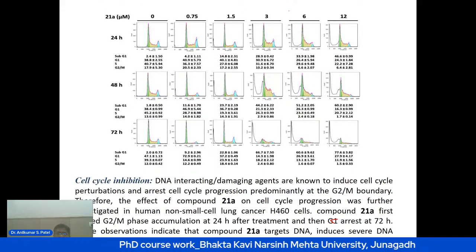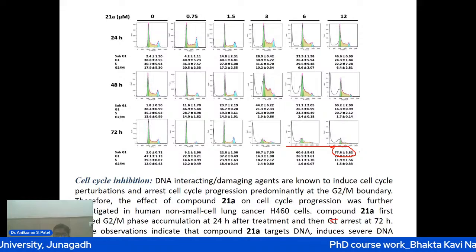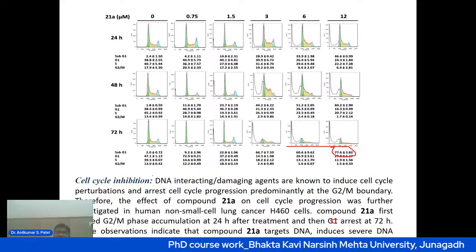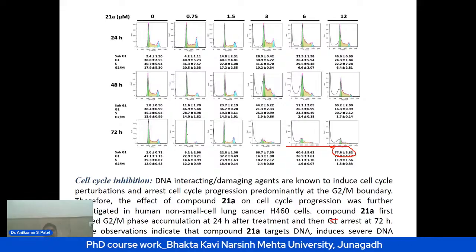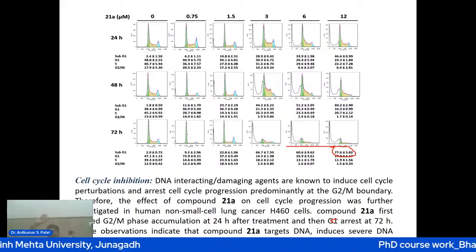After 72 hours, 77% are in the G1 phase, which gives an idea that it induces several DNA damage, and that can inhibit the cell cycle.